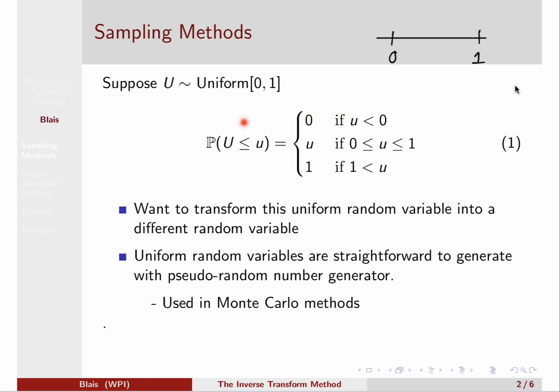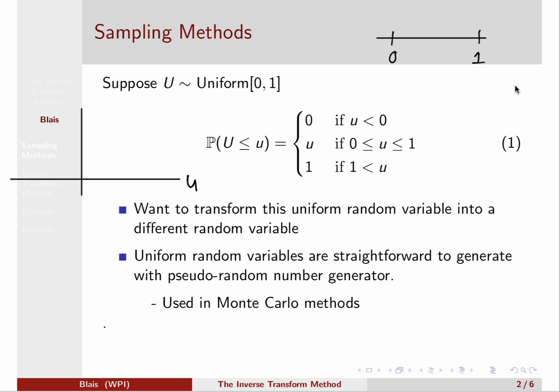And its cumulative distribution function is given here. So its CDF is equal to, if we have on this axis here U, and we're going to graph its CDF, or its cumulative distribution function, say in blue.